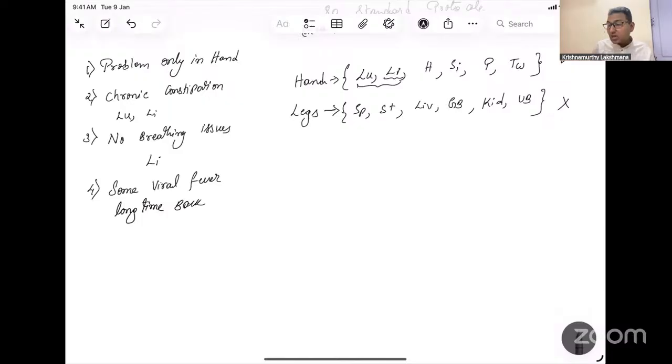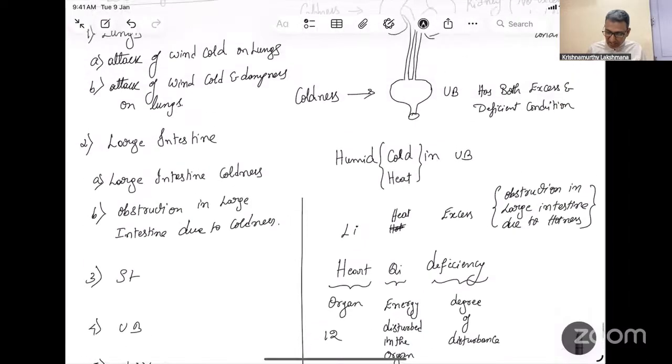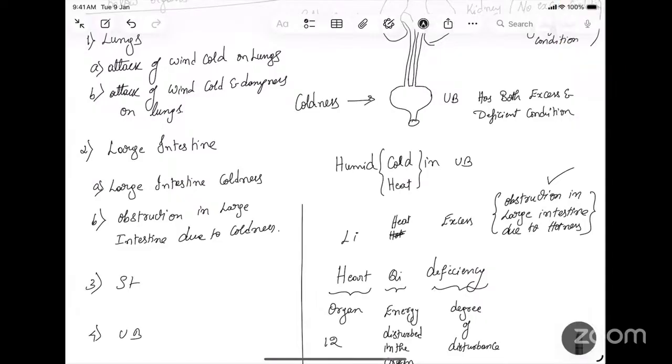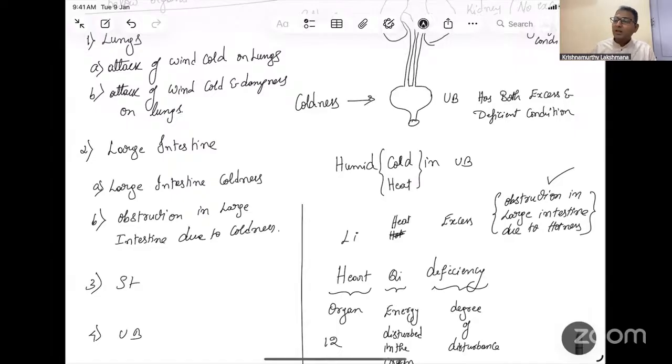So this is also related to heat. He had given this information also. So based on this information, I was able to arrive at the protocol: obstruction in the large intestine due to hotness. One of the symptoms of this is that if there is any kind of high fever, tidal fever, etc. So now I applied the points.